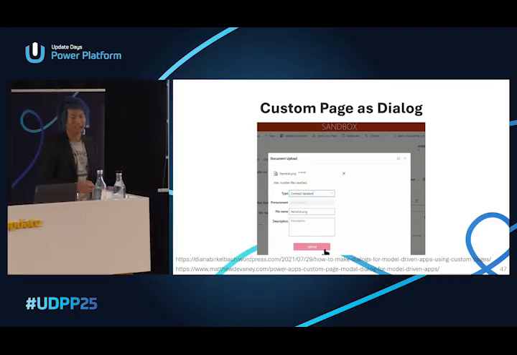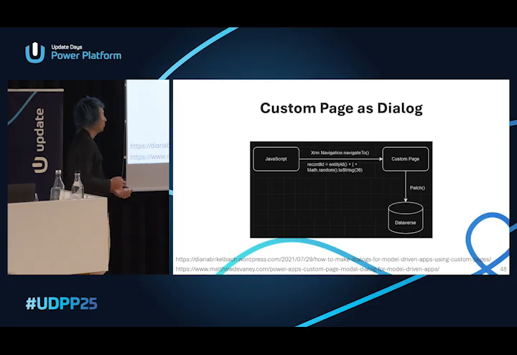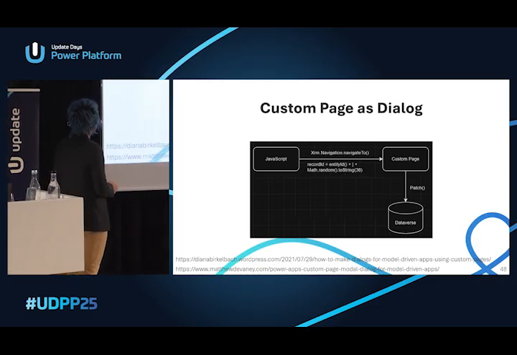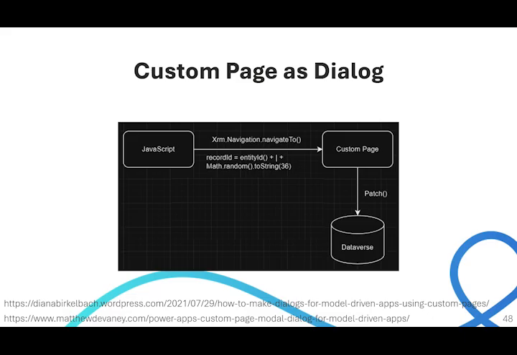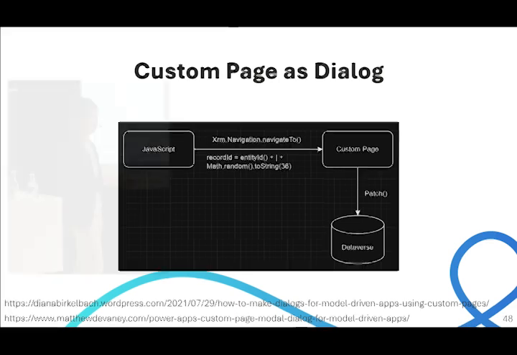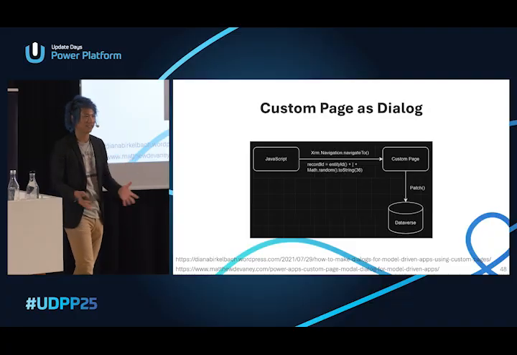So what I did in one of the projects is, the JavaScript opens a custom page, and together with the entity ID, I pass through some unique data. Then from the custom page, once the process is completed, I patch and create a new row in one of the tables, an integration table, and pass through some values as a JSON object.